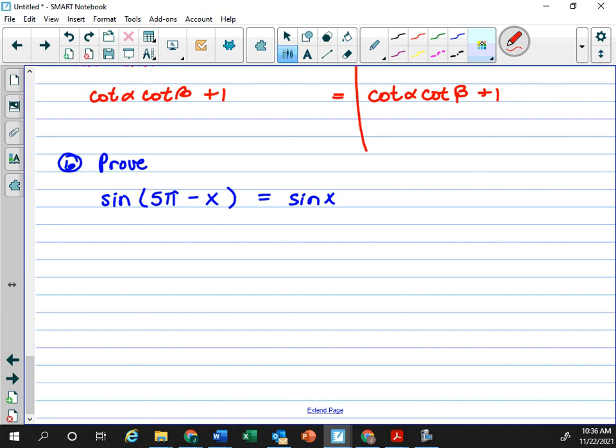Left. Do we have a formula to help us? Yeah, what's it going to be? The whole thing. All right, so it'll be sine of 5 pi cosine of x minus cosine of 5 pi sine of x.